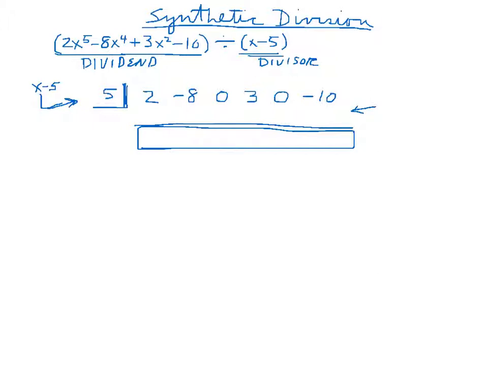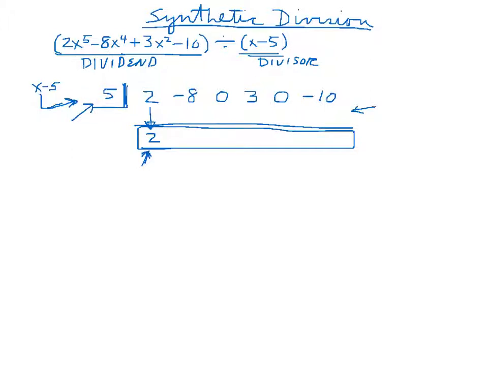The way you do this is you always bring down the first number of the dividend, just bring it down into the answer. That's the only bring down. And now you start a process of multiplying what you have here by the divisor.